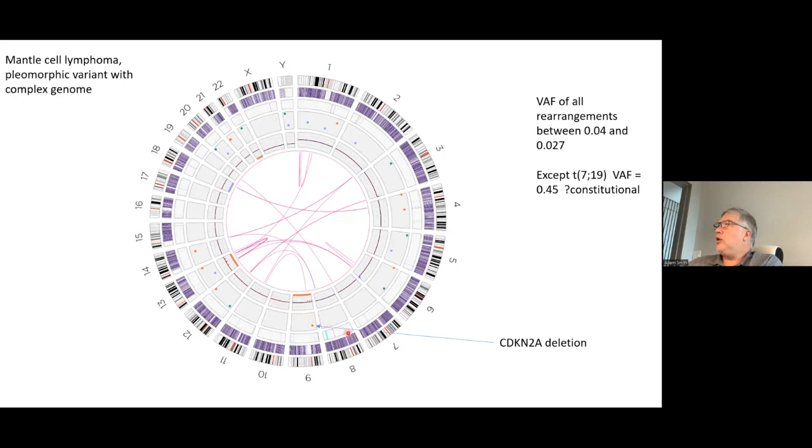So, what is it if it's not 11;14? One of the translocations I will point out is this one, a t(7;19). This may actually be a constitutional rearrangement, as it has a relatively high VAF, much higher than the VAFs of all of the other rearrangements, which are between 0.04 and 0.27.